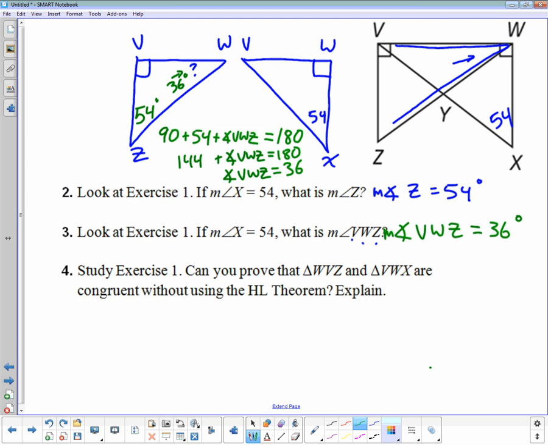The only way that I could imagine doing it is saying that because both of these lines are perpendicular to the same line, then they're parallel, which means that this and that are alternate interior angles.